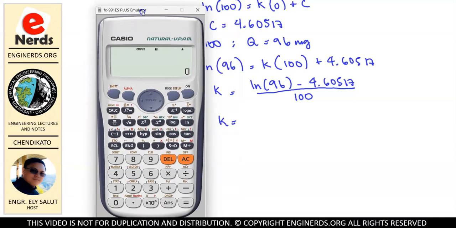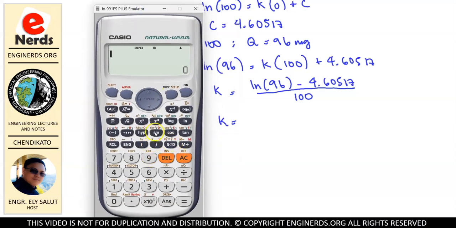We have ln of 96 minus 4.60517, then divided by 100.